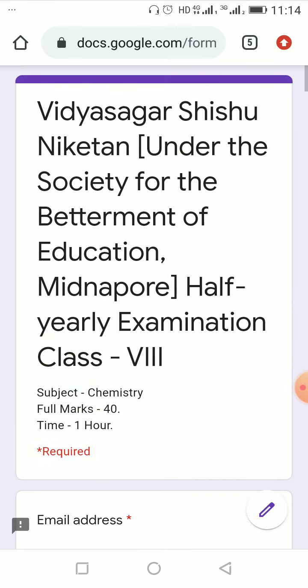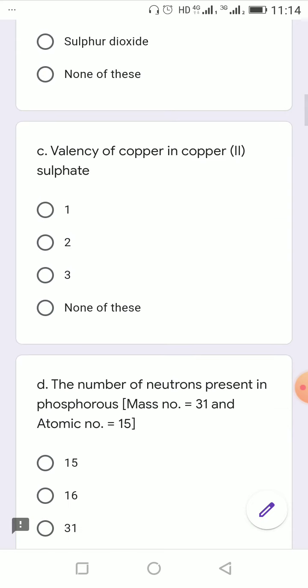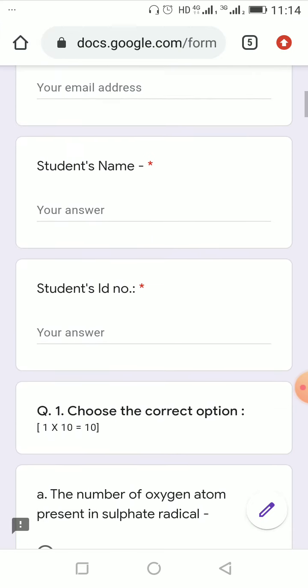Once again, we have to do this. Let us do it quickly.